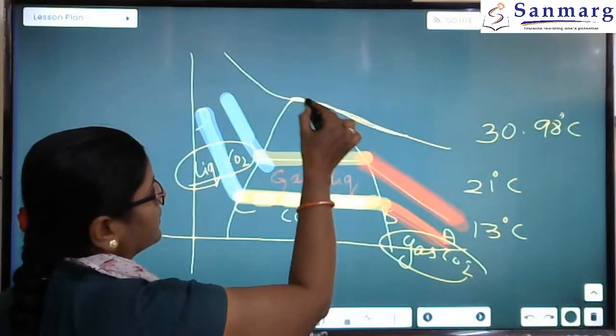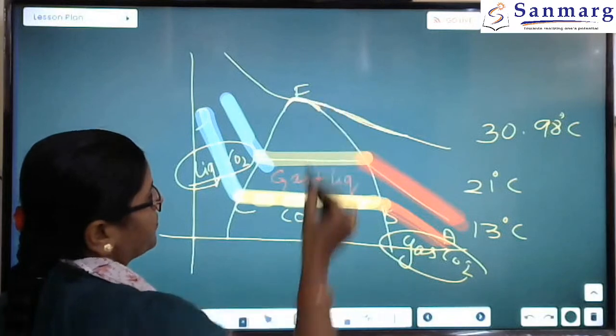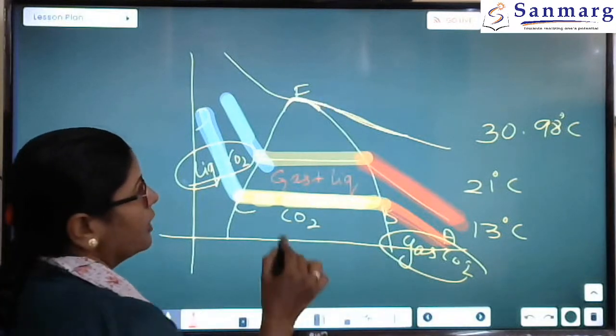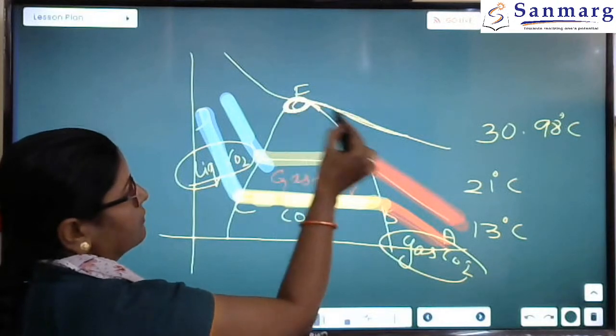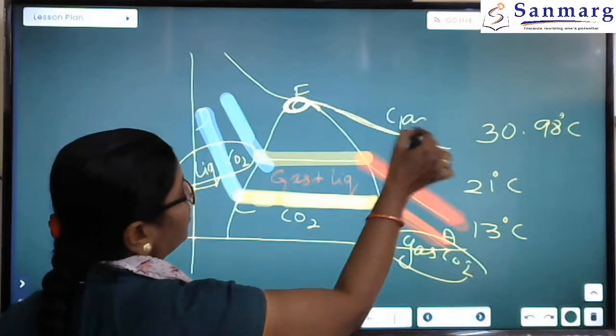At the inflection, this point is called the F point. Here you can see there is no conversion of gas into liquid.